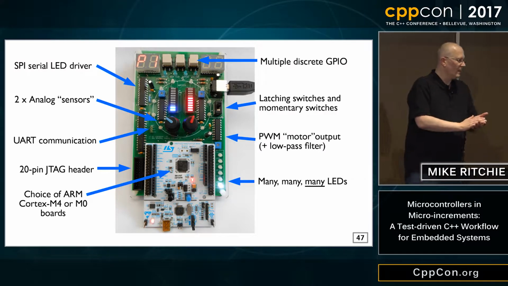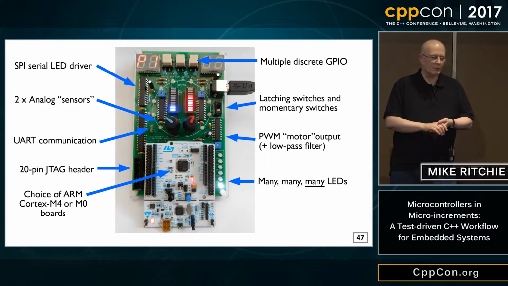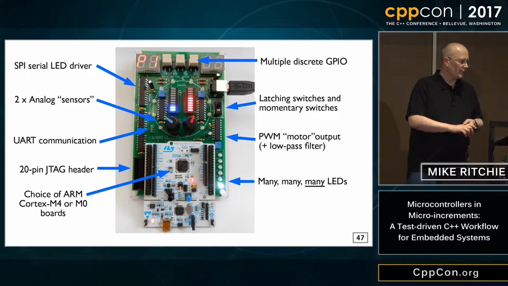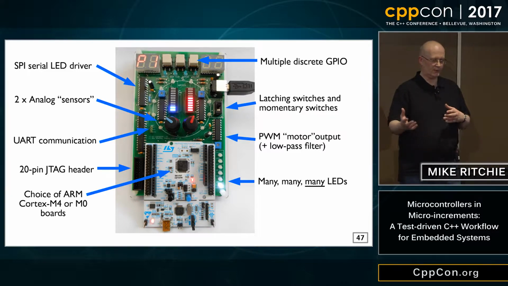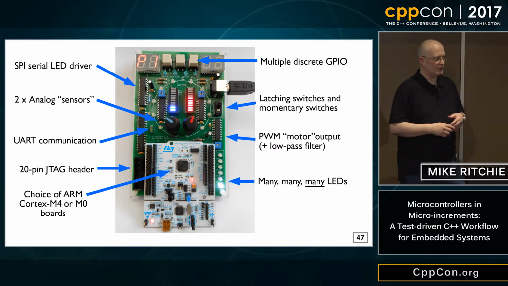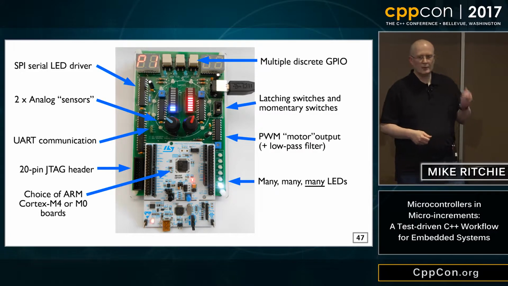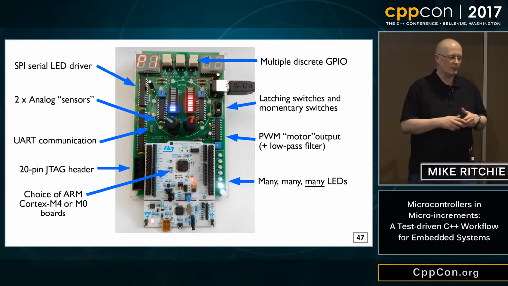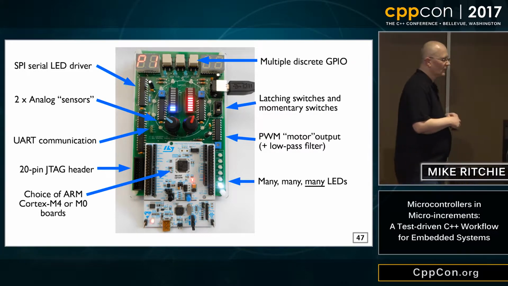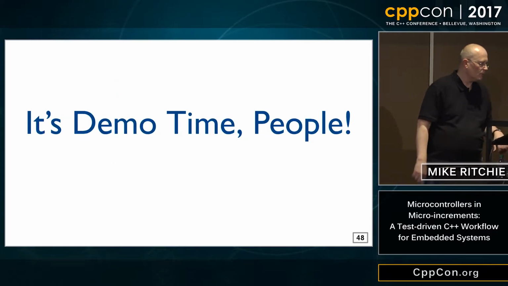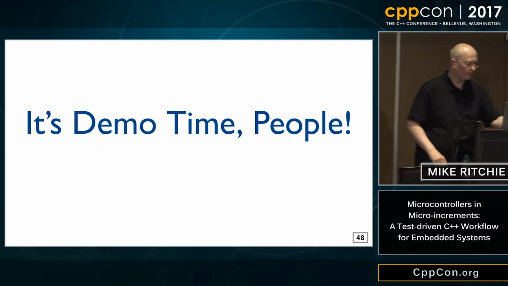It's actually a reasonably tricky control problem. And lots of different stimuli, lots of events. There's a mix of sensors, there's analog sensors, there's button presses, there's user actions, there's timers, etc. Okay, so we're going to put this to work.